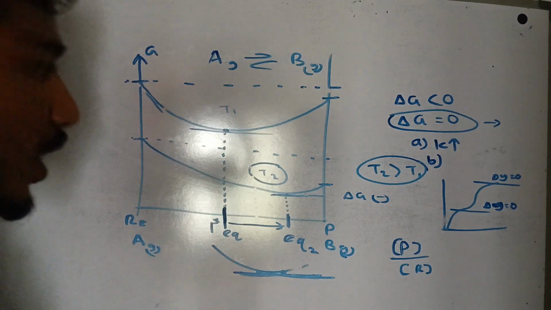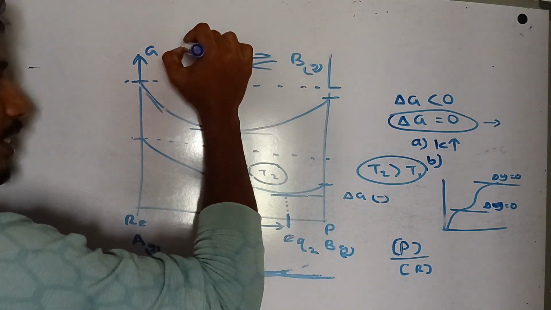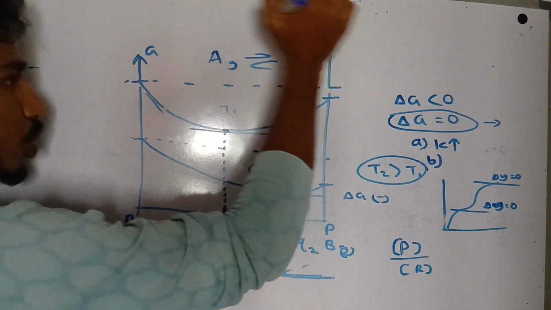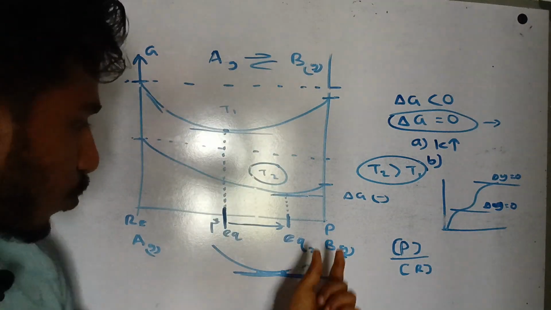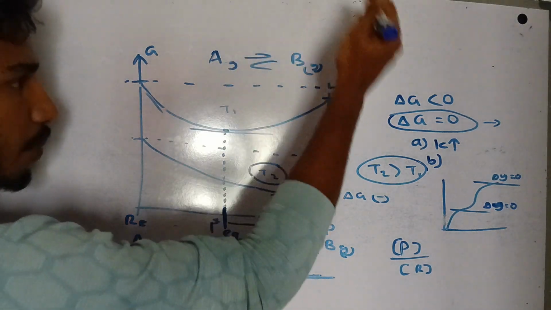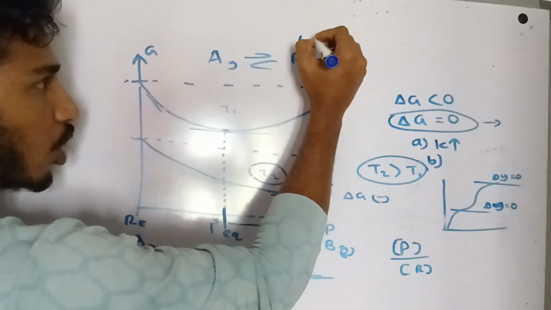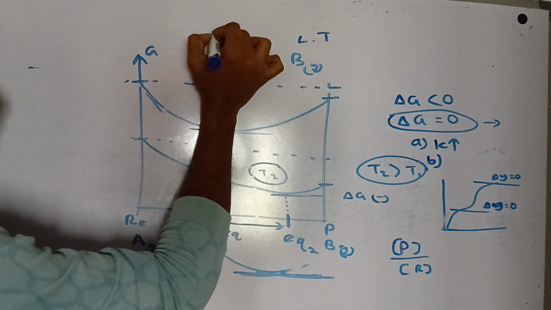Because the temperature is increasing, the system will start to favor the high temperature side. Since more B is getting produced, this has to be the low temperature region and this has to be the high temperature region.